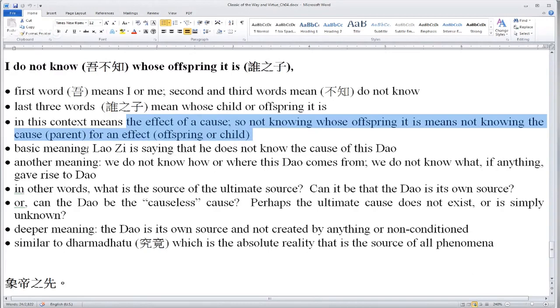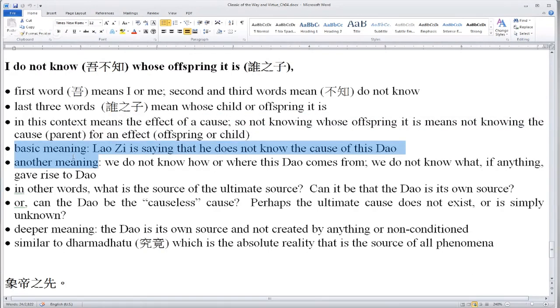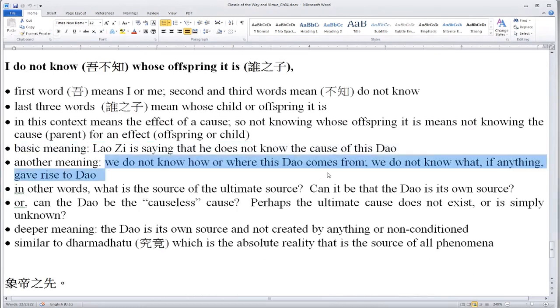The basic meaning is that Lao Tzu does not know the cause of this Tao. Who created this Tao? Another meaning is we do not know how or where this Tao comes from, or what, if anything, gave rise to it.